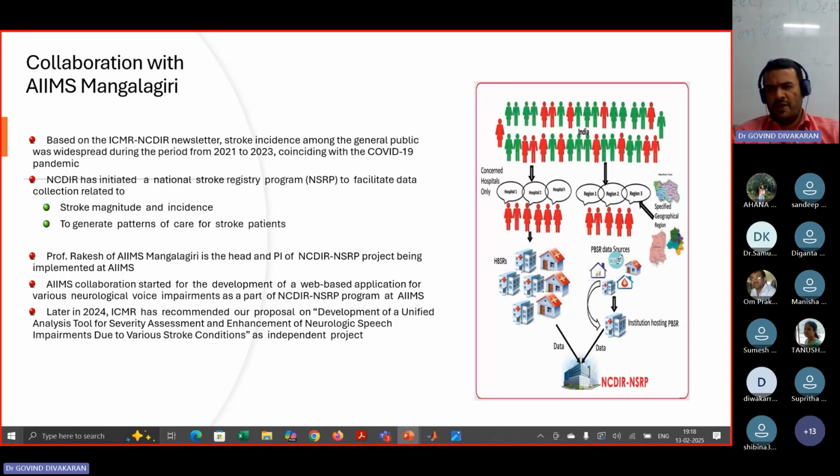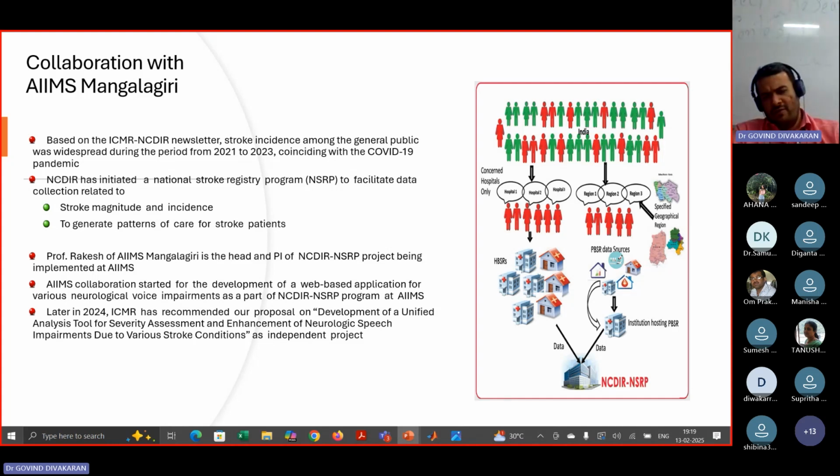They will have a login and upload all these details: treatment protocols followed for a particular stroke patient, where exactly the stroke has occurred, which part of the brain, what type of tests and scans were done, all the test results, and all the assessments carried out by the physicians or clinicians. All these details of a particular patient will be uploaded.